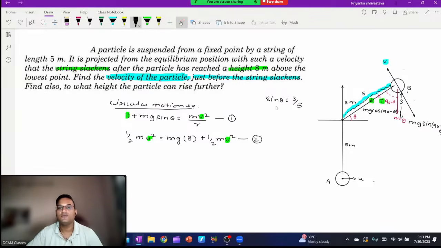And when sine theta is 3 by 5, cos theta is 4 by 5, representing that theta is equal to 37 degrees. That we already know.